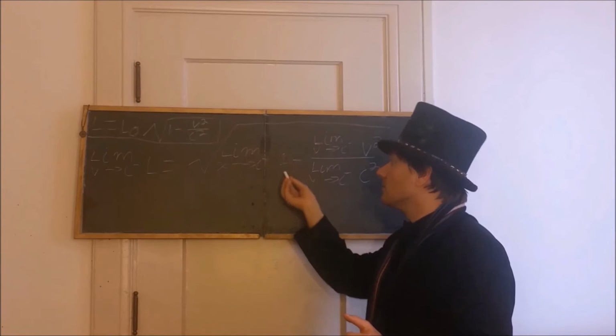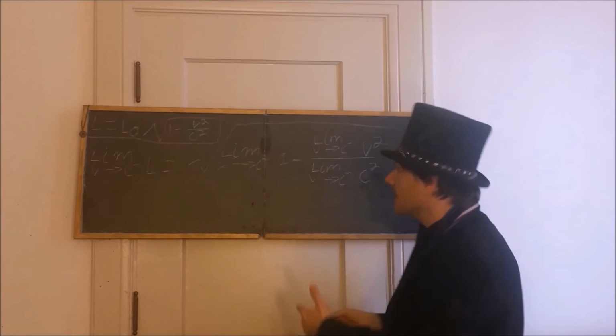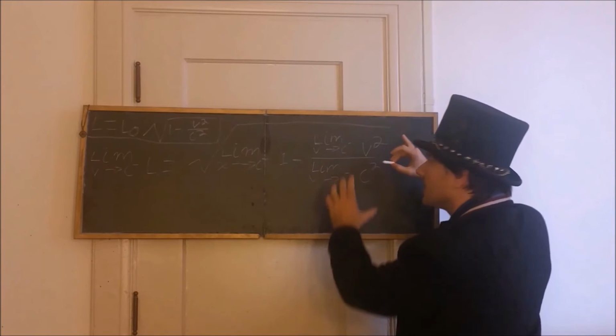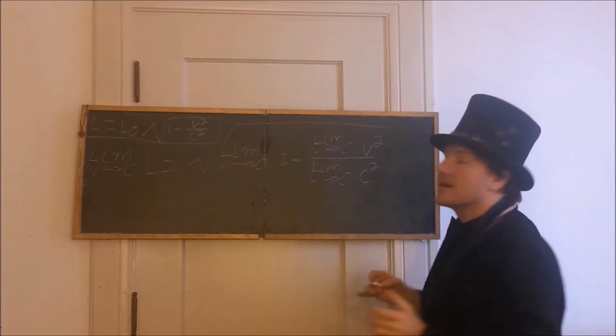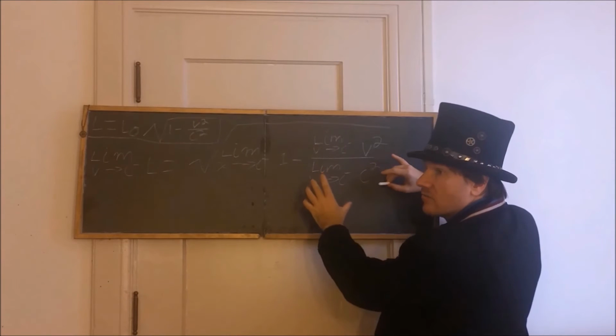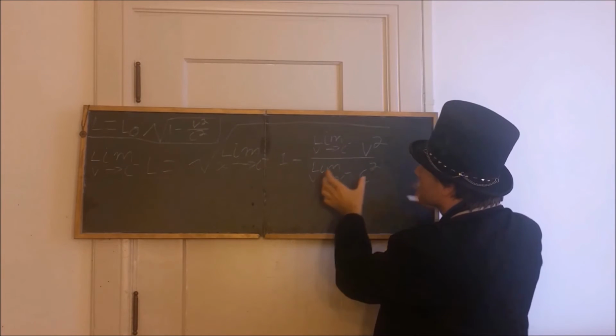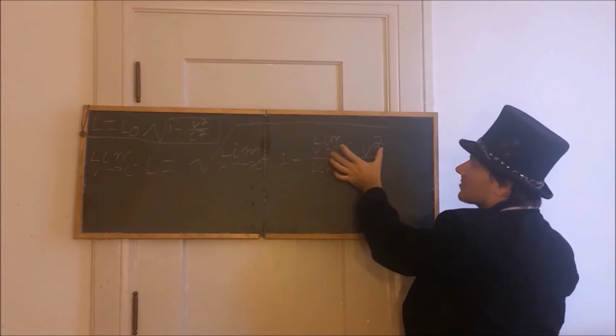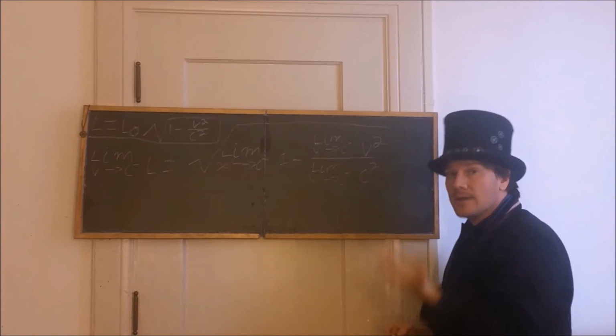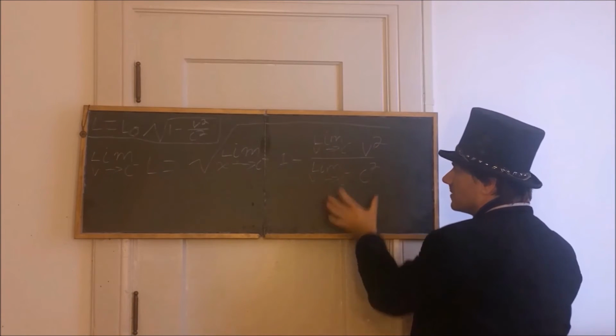So we took the limit of 1 as v approaches c from the left side, minus the limit of the fraction. Because it's a fraction, you have to take the limit of the numerator and the limit of the denominator.